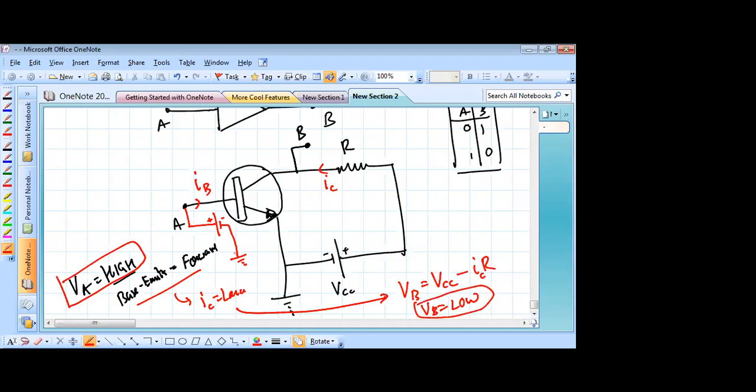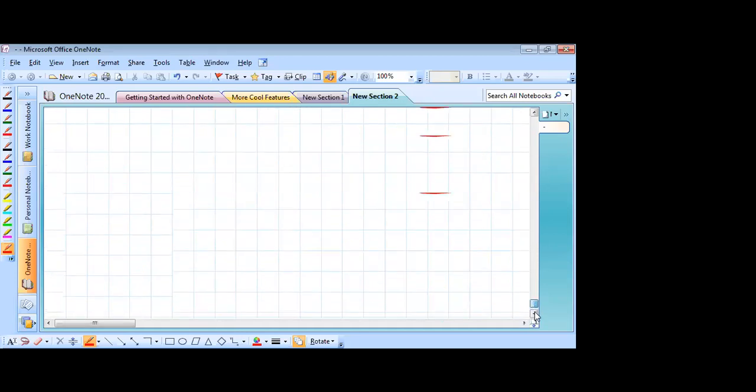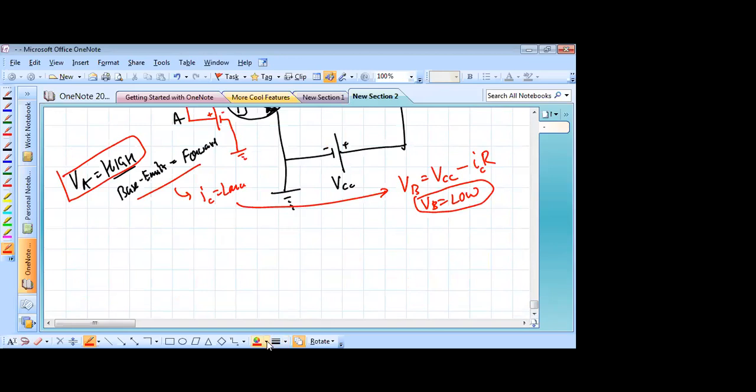On the other hand, if you ground E, then it is not biased. The base emitter junction is not biased at all. So there is no base current, so there is no collector current, because remember, collector current was beta times base current.